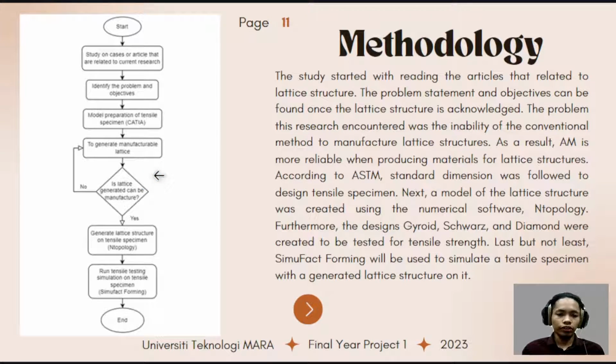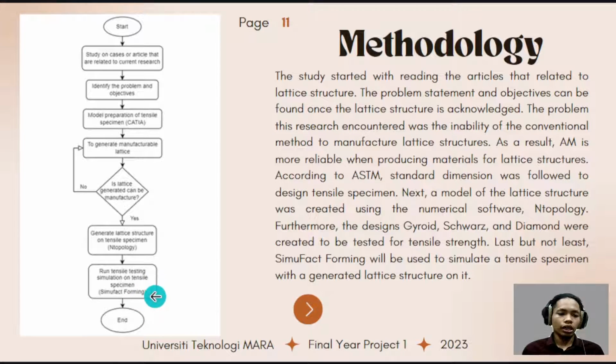Next, a model of lattice structure will be created by using numerical software, which is topology. The designs that I chose are 3 designs, which are gyroid, swarth, and diamond.